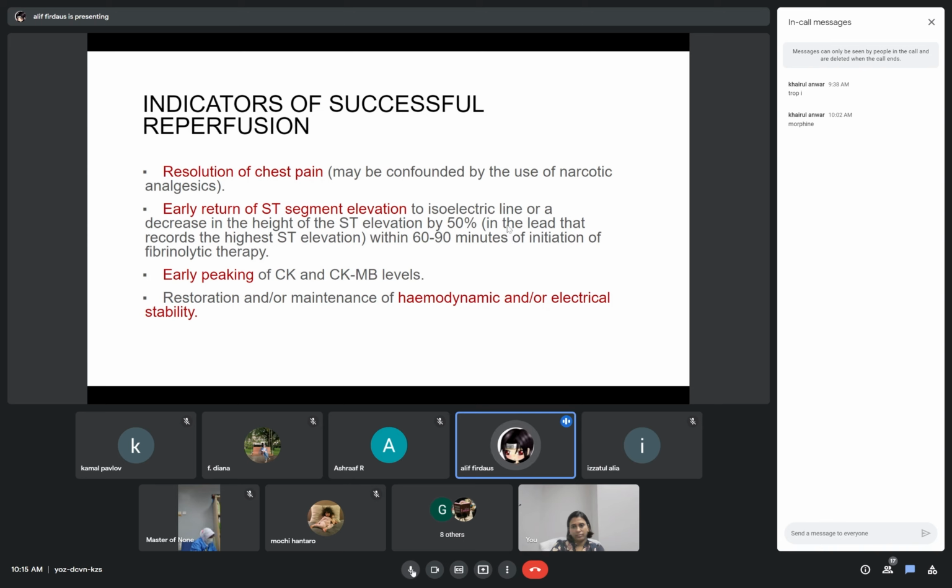So if the ST elevation is reduced around 50%, our fibrinolytic is a success. And we can also see from the blood result, from the creatine kinase. And from the hemodynamic and electrical stability, from the patient's BP that is improving, it means reperfusion is a success.